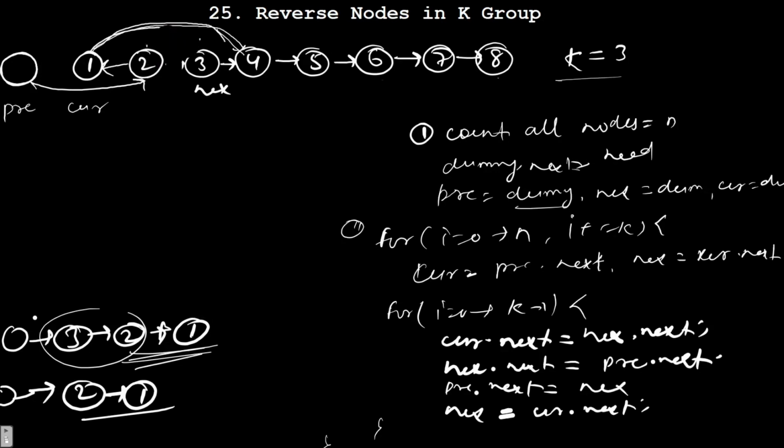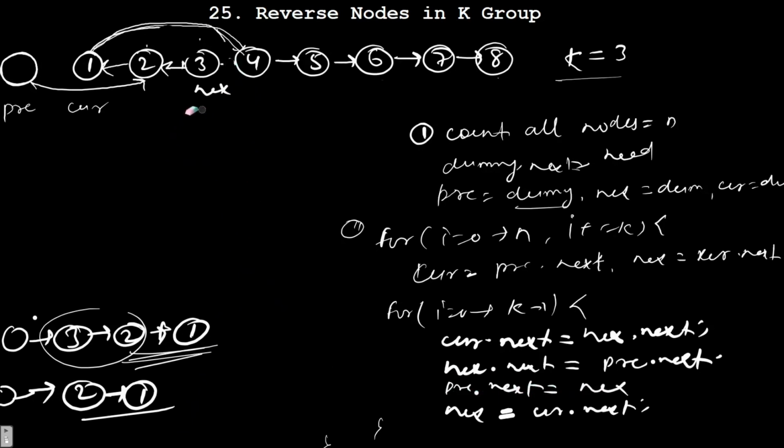Okay, after that in the second line, we have to update next.next to point to 4 for now, and we have to make this pre.next this 2. So 3 will be pointing to 2, and after that this will be removed. Okay, and then pre.next will be updated.